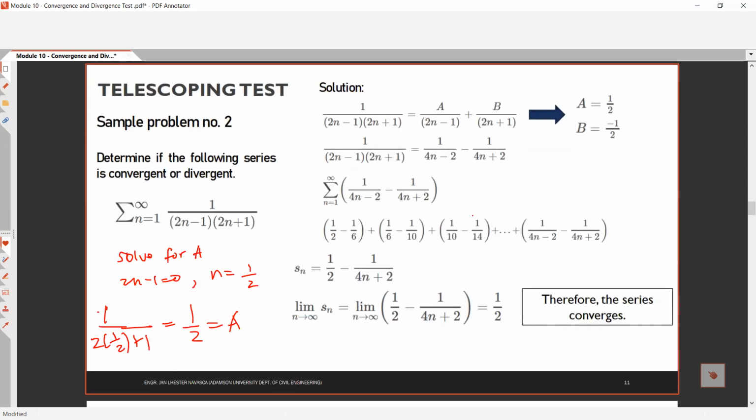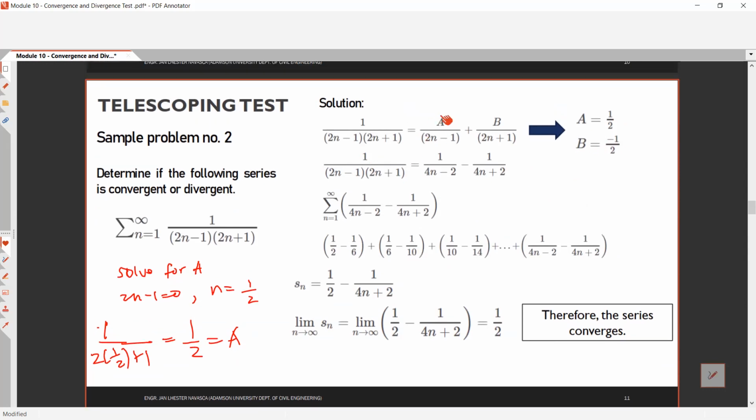Okay, then to solve for b, n is equal to negative 1/2 naman. Substitute mo siya dito: 1 over 2 times negative 1/2 minus 1. Ang makukuha mo pa ring answer is negative 1/2. So therefore, the value of a is 1/2, the value of b is negative 1/2.